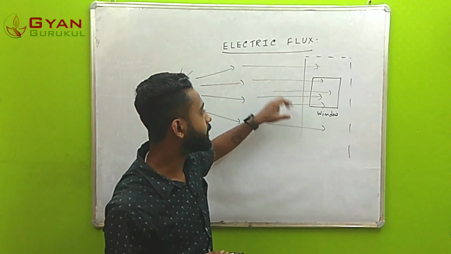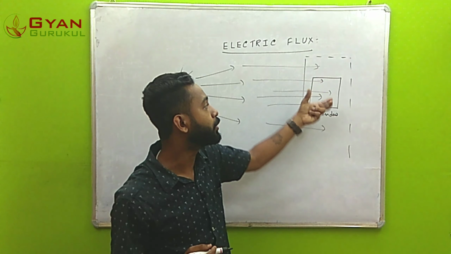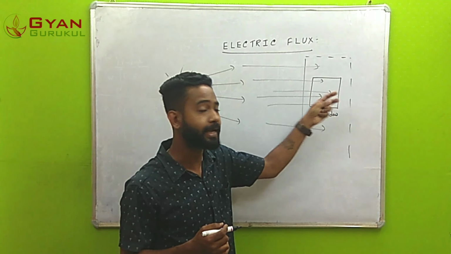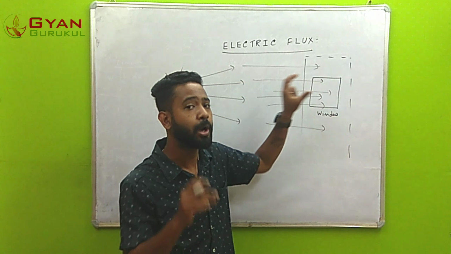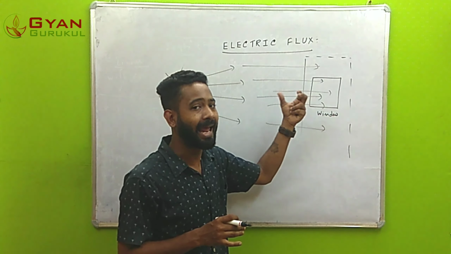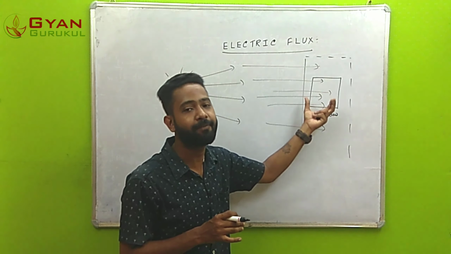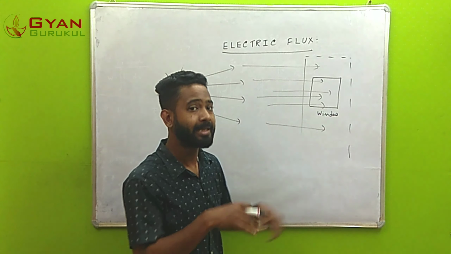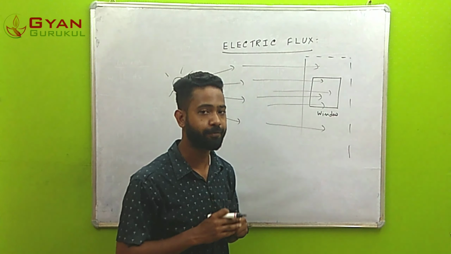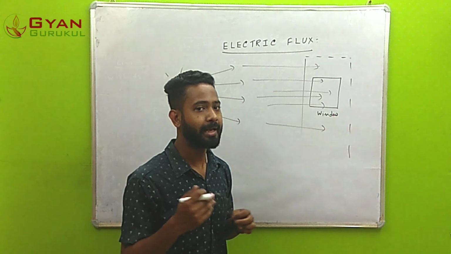Those sun rays that can enter through this window surface will be termed as the light flux, or intensity of light flux, which we are talking about here. The same situation can be recreated for electric flux as well. Let us try to understand how.